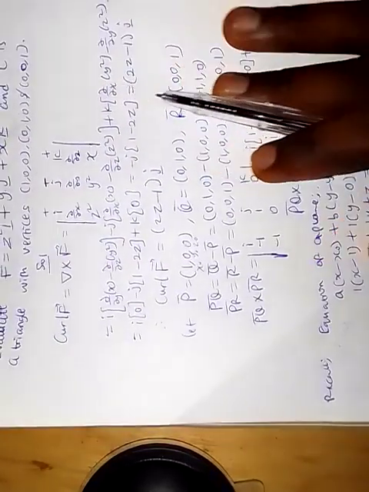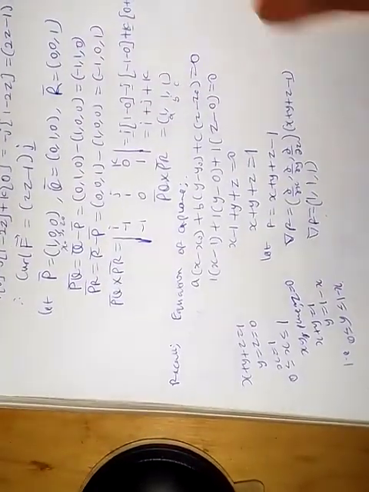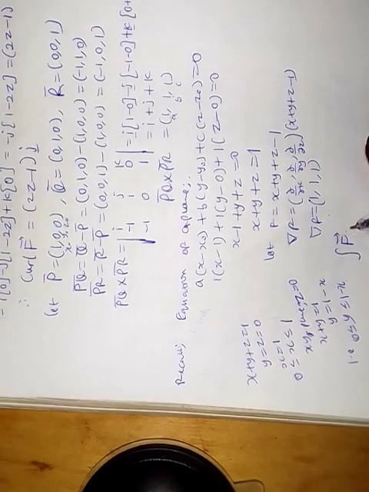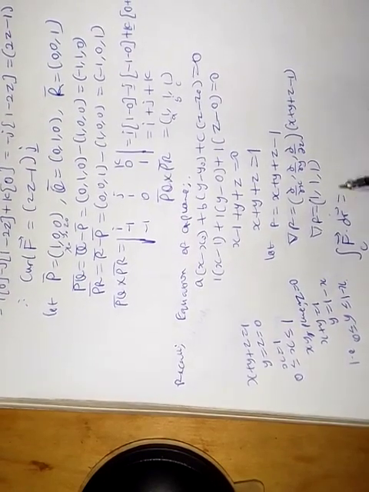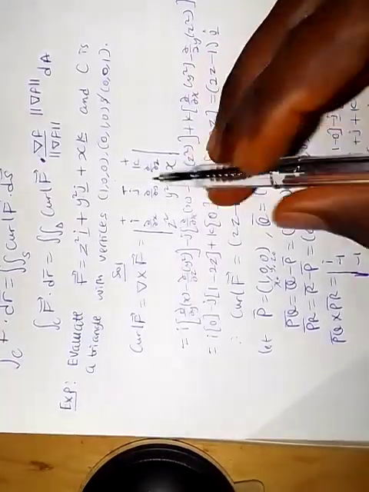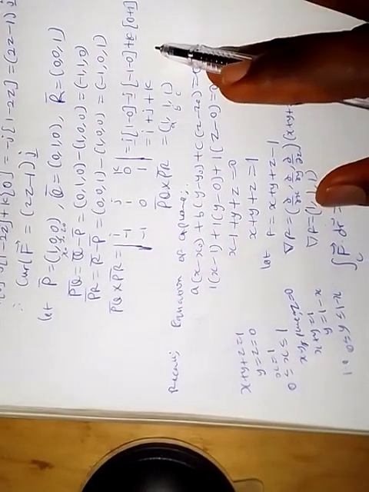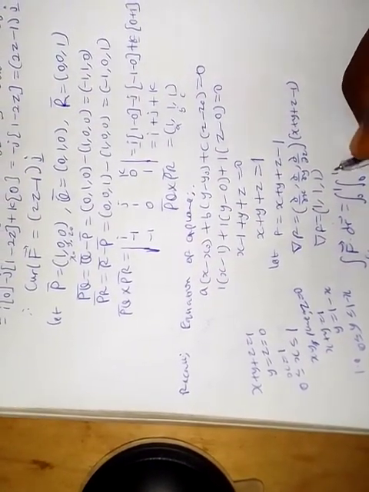So now we evaluate our integral. The line integral, we have F dot dr equals the limits of integration. We plug in all these values we obtained here. So the first one is 0 to 1 and 0 to 1 minus x.